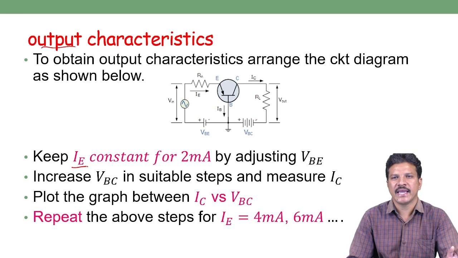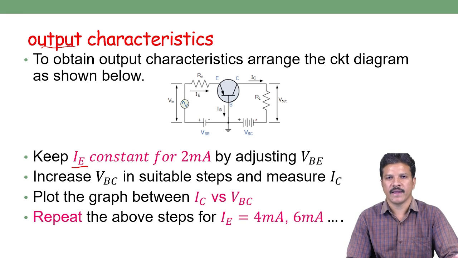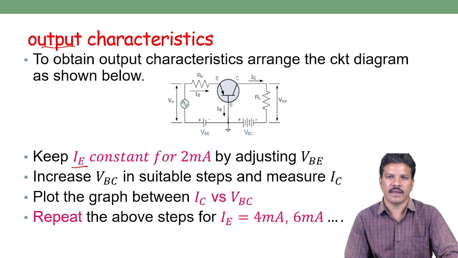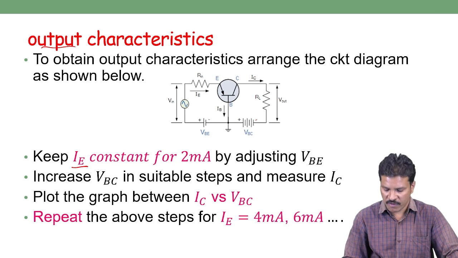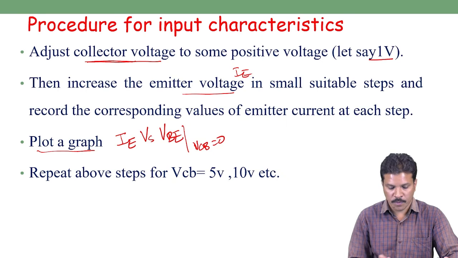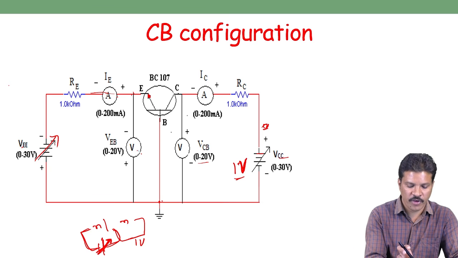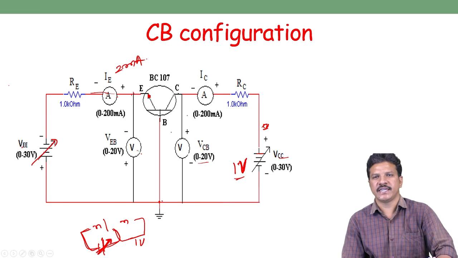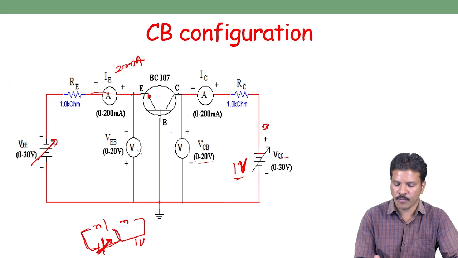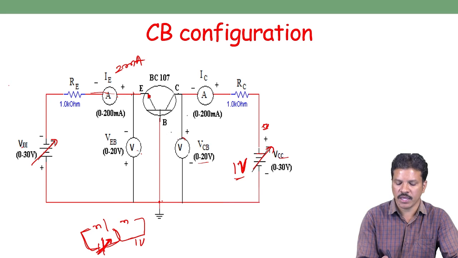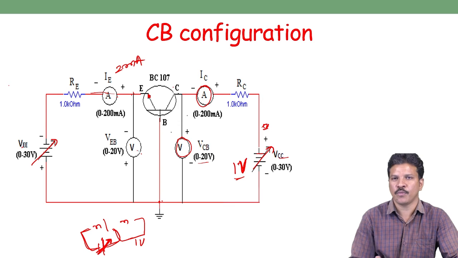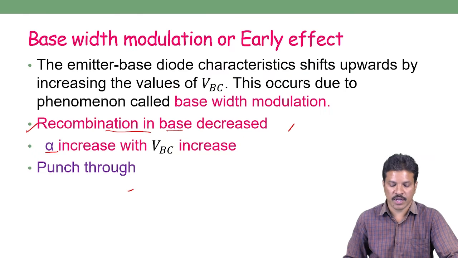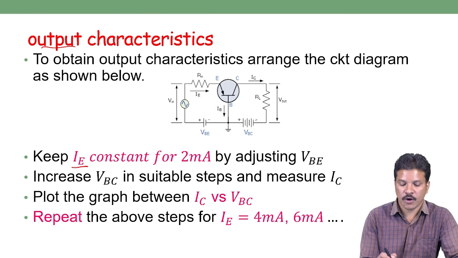Very simple: by varying the input VE supply, set the input current at 2 milliampere and fix it. Then come to the output side, vary the battery, note down the voltage and note down the output current. That is what happens in the output characteristics.